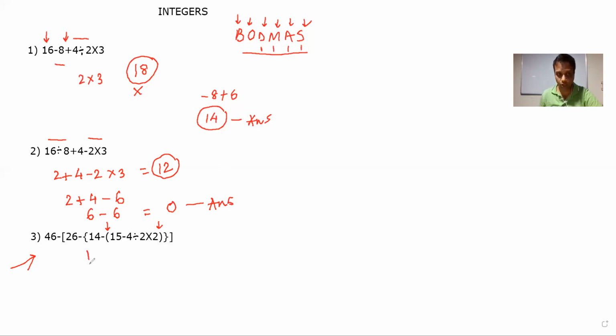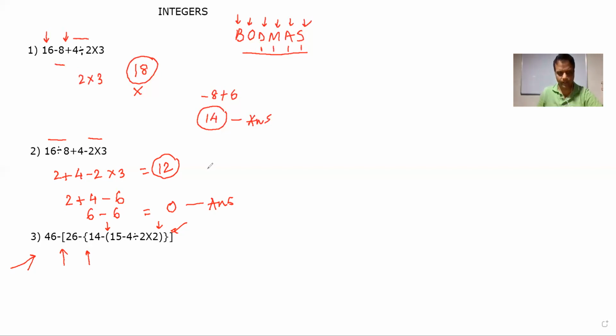Then we have curly brackets. Can you see this curly bracket? And finally, we have square brackets. This outside bracket is called the square bracket. Now, the simple rule is first we solve the small bracket, which is the inside bracket, followed by the curly bracket, and finally the square bracket or the big bracket.